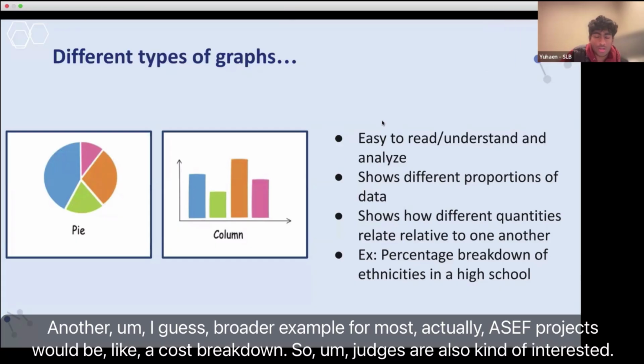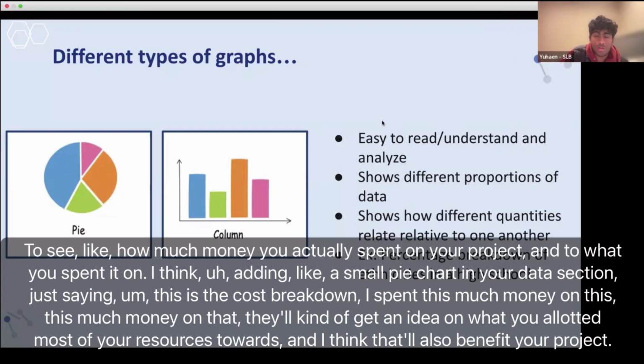Judges are also interested to see how much money you actually spent on your project and what you spent it on. I think adding a small pie chart in your data section, just saying, this was the cost breakdown, I spent this much on this and this much on that, they'll get an idea of what you allotted most of your resources towards. And I think that'll also benefit your project.